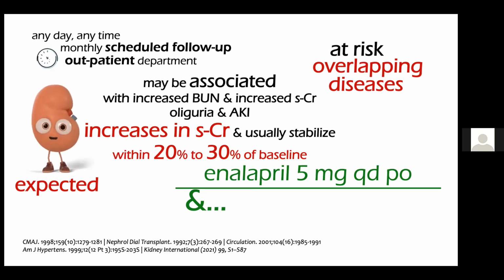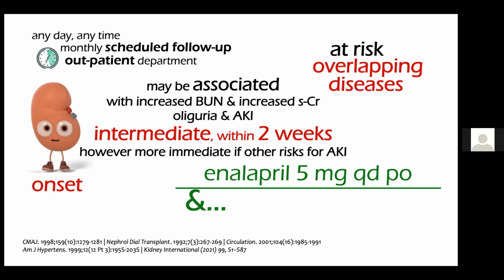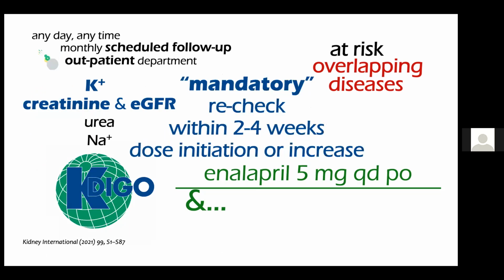The increase in creatinine is expected to be around 20 to 30% from the baseline, and it will usually stabilize later on. When do we expect that to happen? It is expected to happen within 2 weeks. That is why we should ideally recheck once we've prescribed enalapril to our patient.